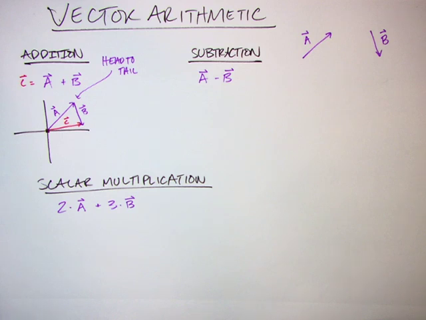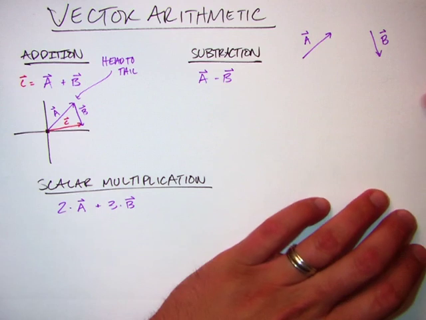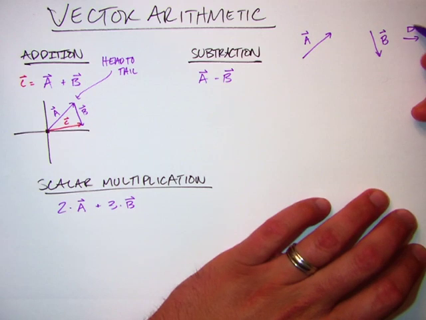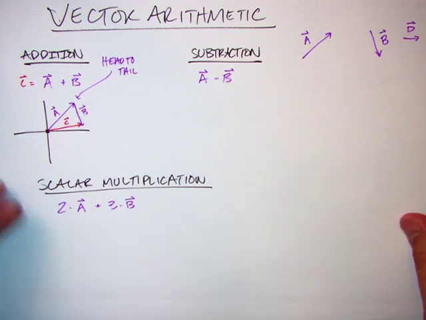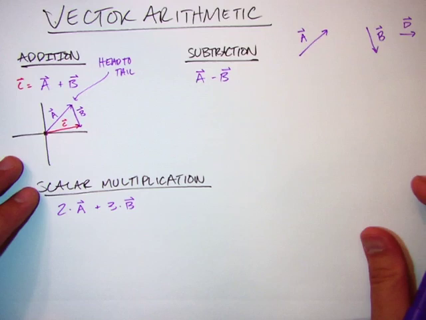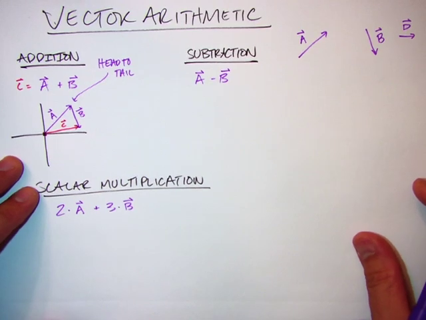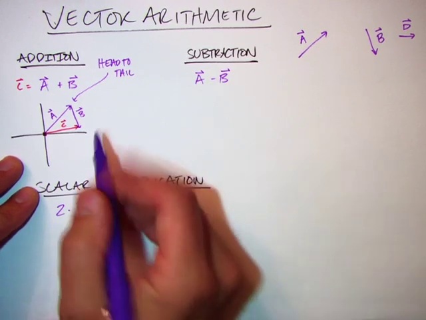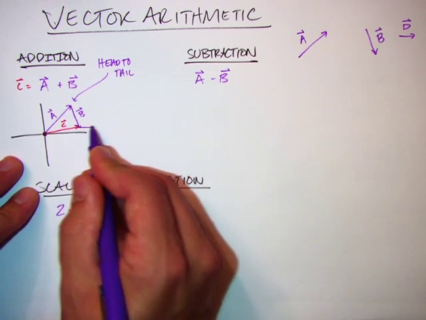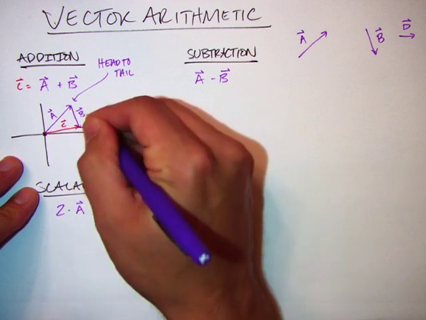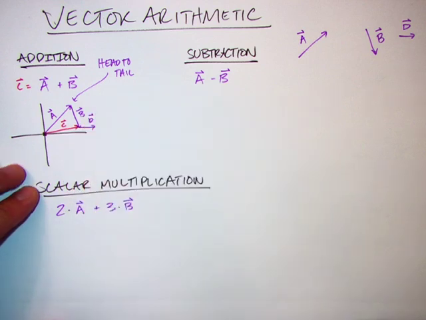Now I could add, let's say I added a vector like D into the mix. If I wanted to add three vectors together, I simply add D to the end of B. It doesn't matter. I can add up as many as I want. So I would add D, and I would get a new vector.